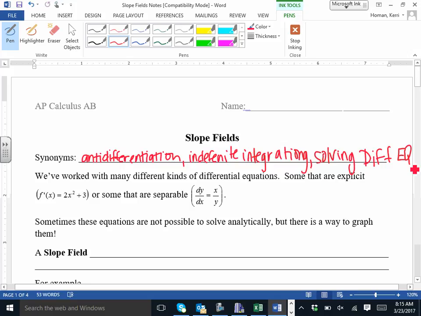Basically, a slope field is a graphical representation of all of these.